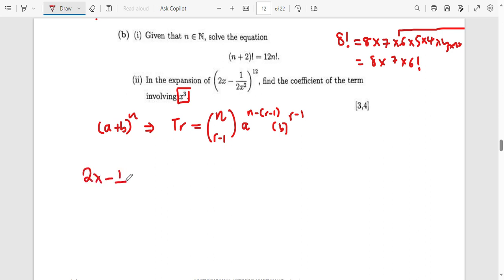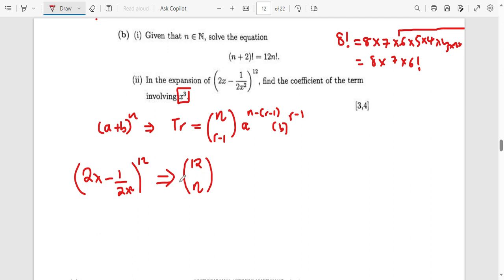2x minus 1 over 2x squared, and then this is raised to the power 12. So remember, I want to find a term that has got x power 3. So your aim is, when you're using the binomial expansion, remember, always supposed to have 12. I don't know the number that is supposed to be here, right? I don't know that number.